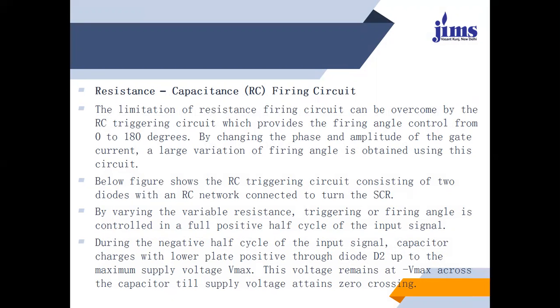By varying the variable resistance, the firing angle is controlled over the full positive half cycle of the input signal. During the negative half cycle of the input signal, the capacitor charges with the lower plate positive through diode D2 up to the maximum supply voltage Vmax.